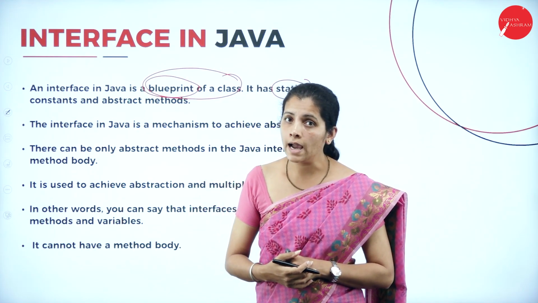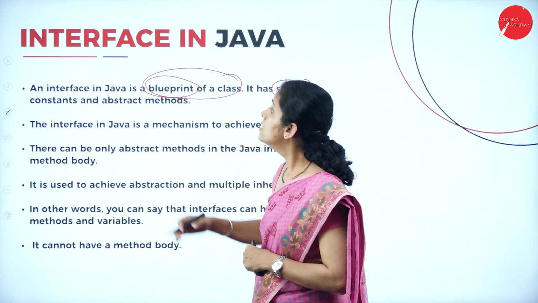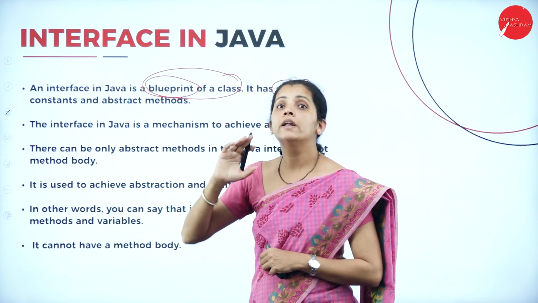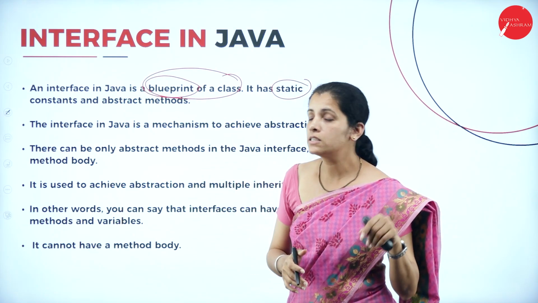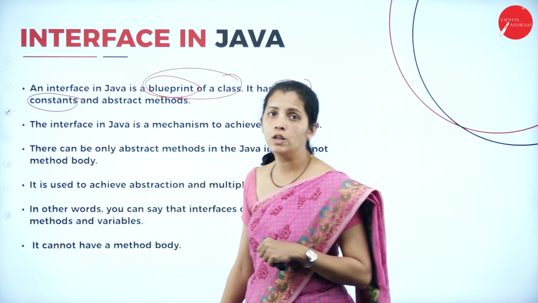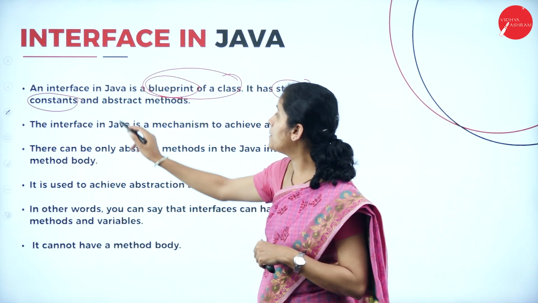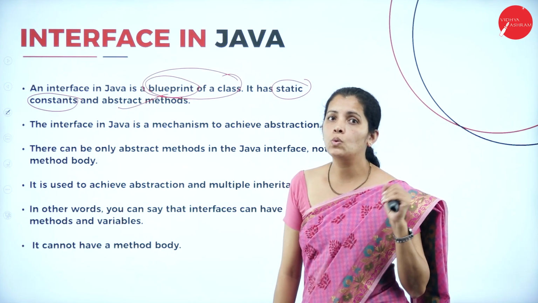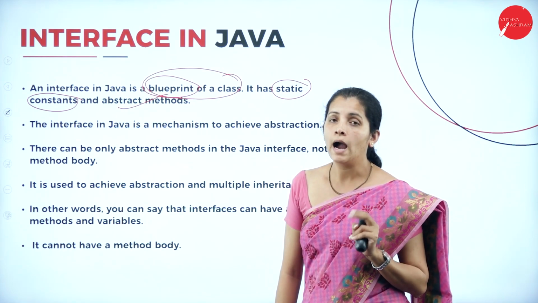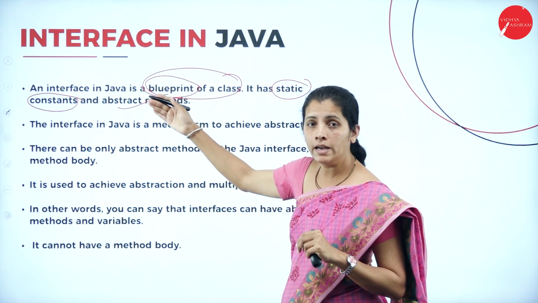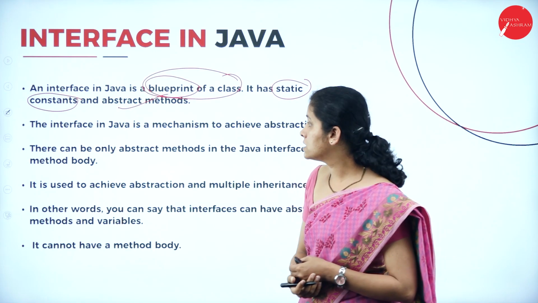So what is static? That means to invoke interface, I do not require any object, that is static. And what is constant? That is a fixed value. As for abstract method, that means it includes only the prototype, and the body of the method is defined in some other class.